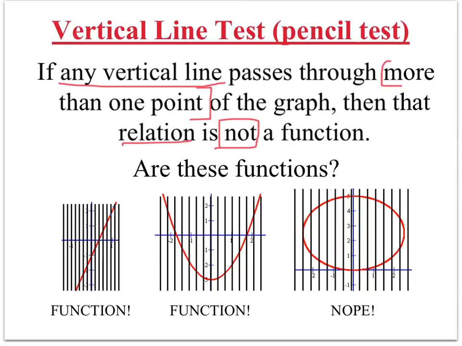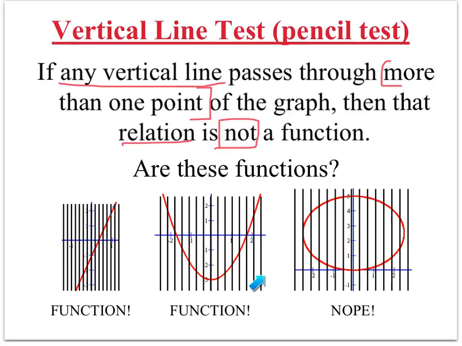Here's another example. Here's our graph. It's a U-shaped graph that's called a quadratic, and we'll get to that more later on. If I draw several vertical lines, you can see that each only intersects my graph once.